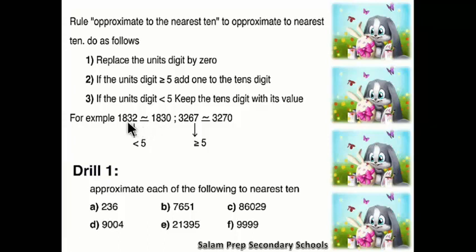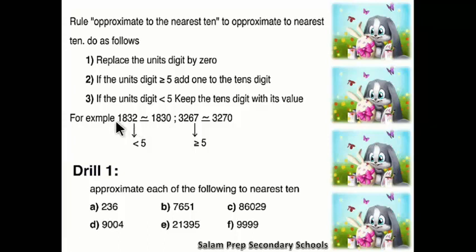Now, before tens is units. Look at units. Digit 2 in units is smaller than 5. So, digit 3 will remain the same. We will write 3 in tens. Okay?